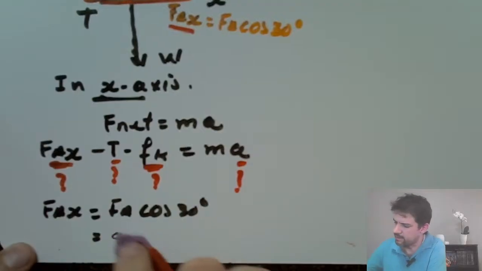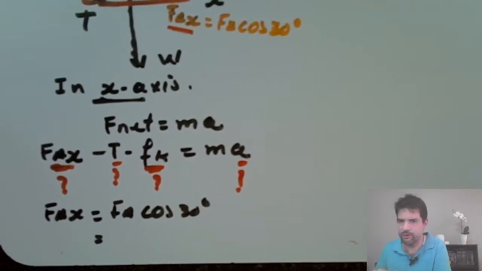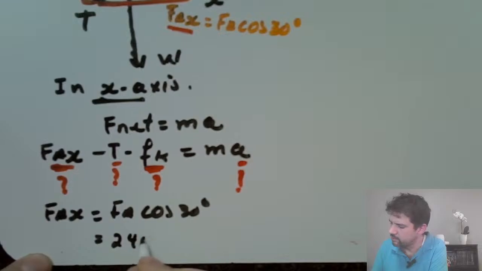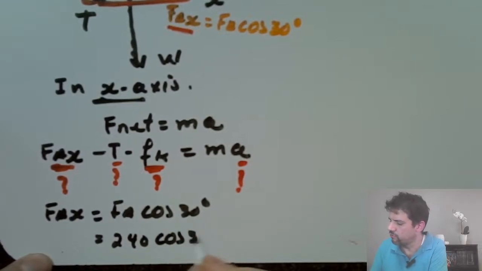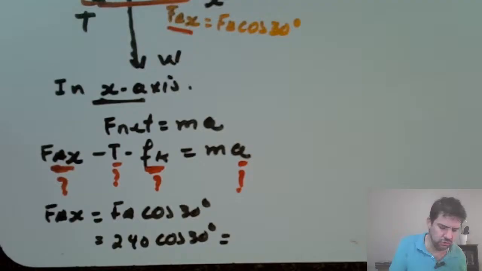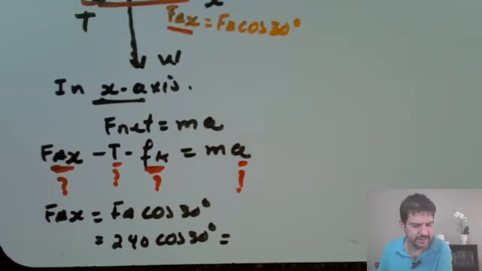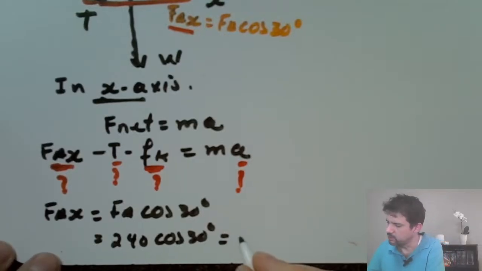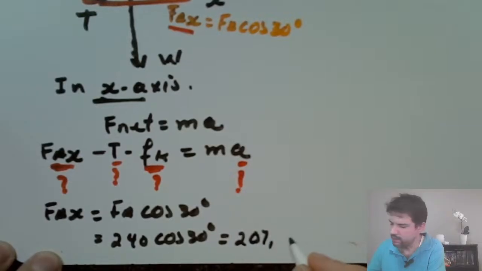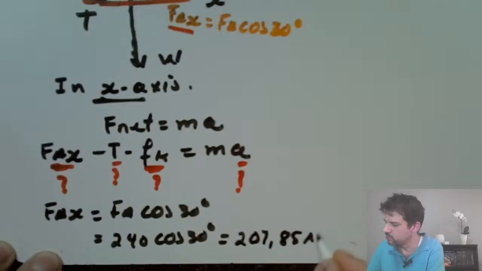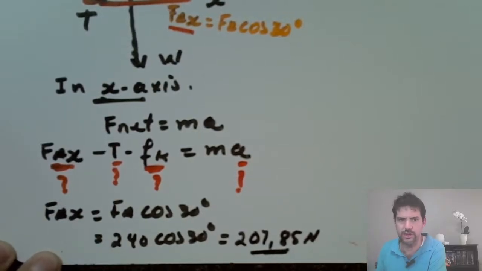Me and my short-term memory. 240 multiplied by cos of 30 degrees. We get 207.85 Newton. That is the horizontal component. We have that one now.